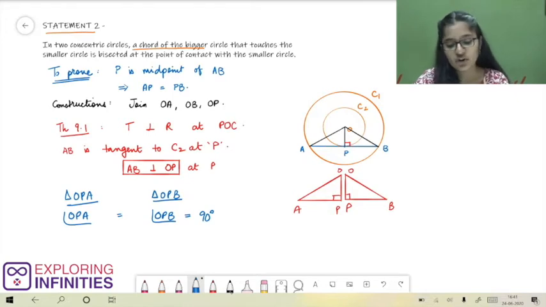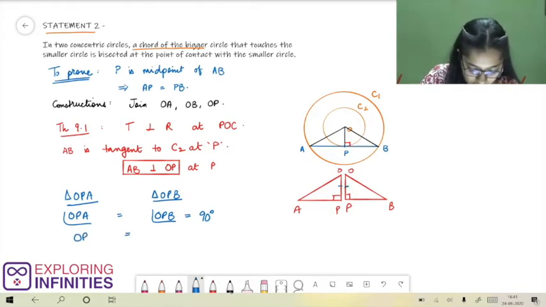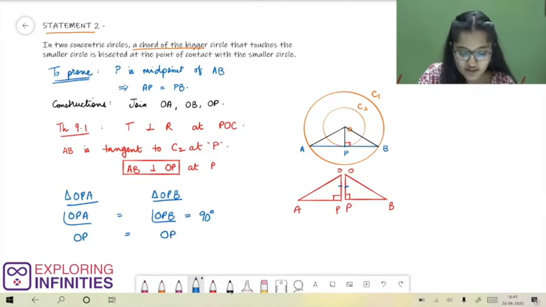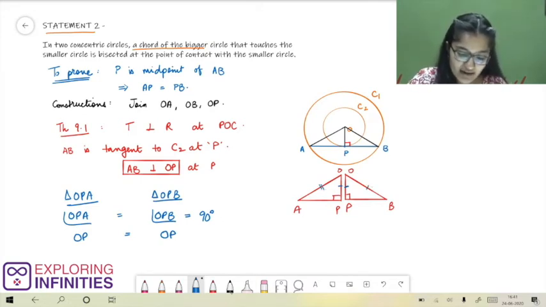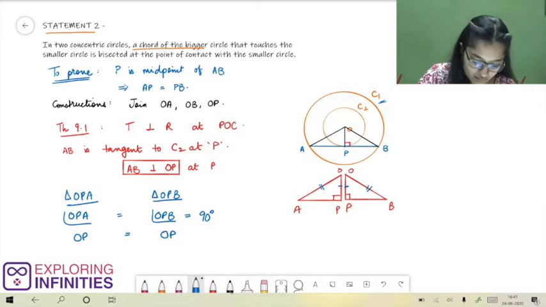Then we have a common side which is OP. So OP is equal to OP, that is our common side. Next, we can observe that the hypotenuses in both the triangles, that is side OA and side OB, are also equal since they are the radii of circle C1. So we have equal sides.